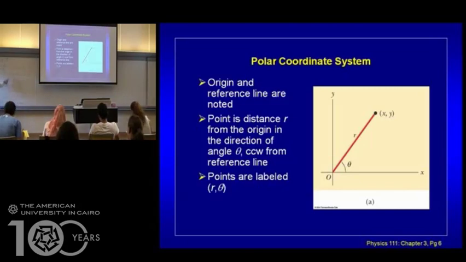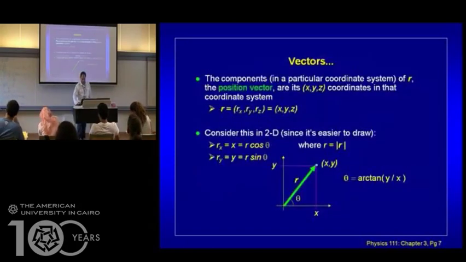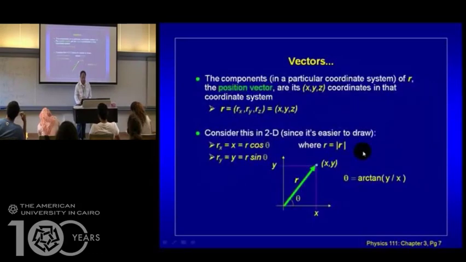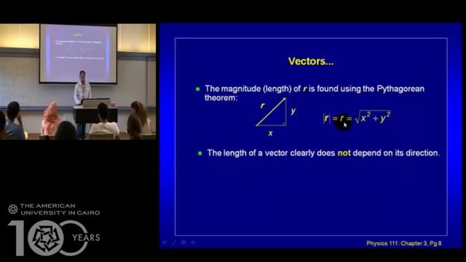Guys, if you just draw this, you can simply come up with those equations, even if you forget them. And that's what I just showed you. Theta is arctan or inverse tan of Y over X, and R squared equals X squared plus Y squared, or R equals the square root of X squared plus Y squared. This is how to go from Cartesian coordinate system to polar coordinate system.